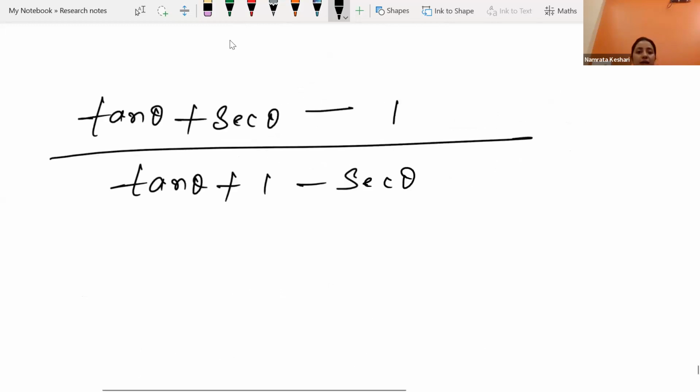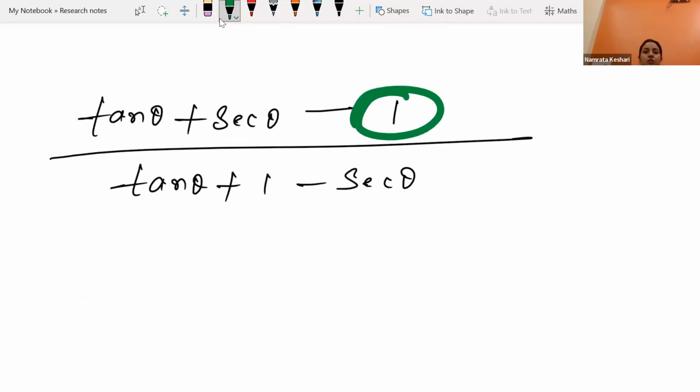Now for this minus 1, we will write the identity related to sec and tan. We have three identities in hand. Sin square theta plus cos square theta is 1. The next one, sec square theta minus tan square theta is 1. So we will use this identity, and in place of 1 we will write sec square theta minus tan square theta.